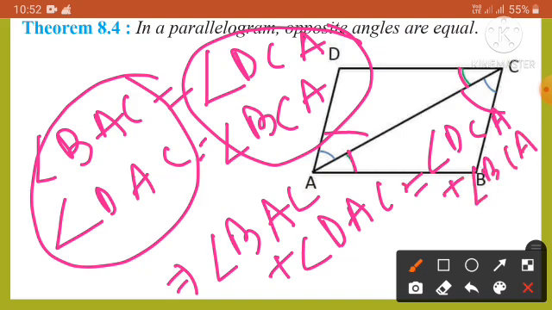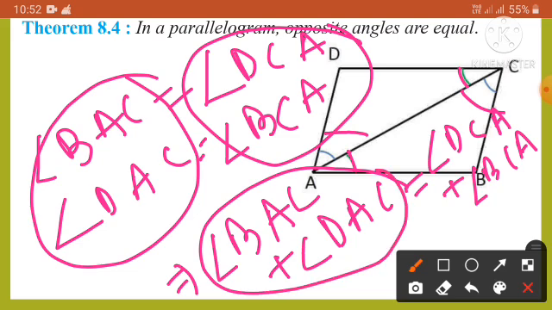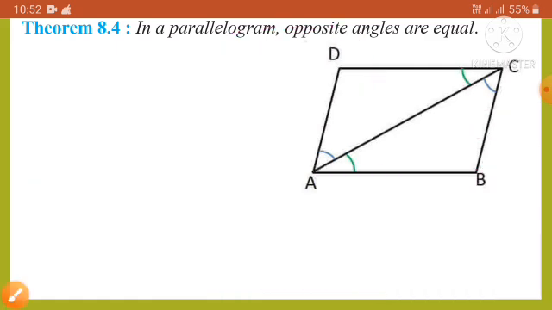On the left side, angle BAC plus angle DAC is equal to angle DAB or angle A, and on the right side angle DCA plus BCA gives angle C. We can also prove by a similar way that angle ADC equal to angle ABC, that means angle D equal to angle B. Hence theorem 8.4 is already proved.